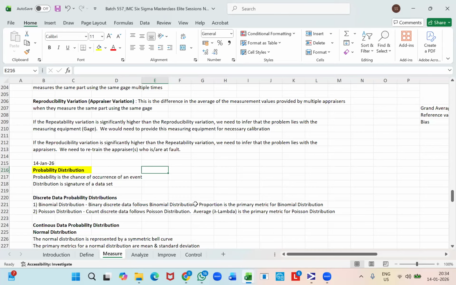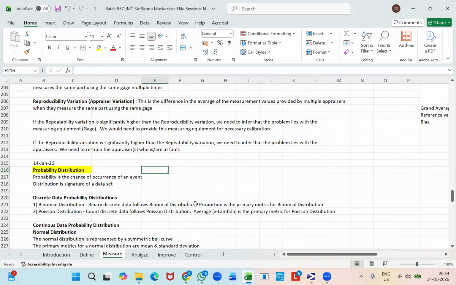And then under continuous data probability distributions, we are going to look at the most famous probability distribution called normal distribution. So normal distribution, we all know, is represented by a symmetric bell curve, right? The symmetric bell curve is the resultant output of a histogram.